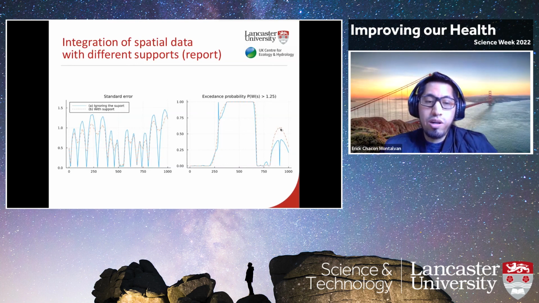And with the other approach, when you ignore the support, it is much lower than 0.5. This means that when you make a decision, these two approaches are going to lead you to different decisions. And in this case, the decision that is probably wrong is the one led by the non-adequate approach, which is when you ignore the support.